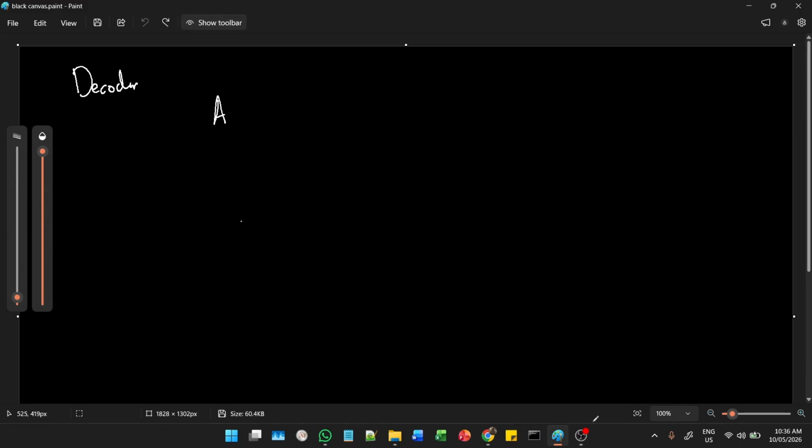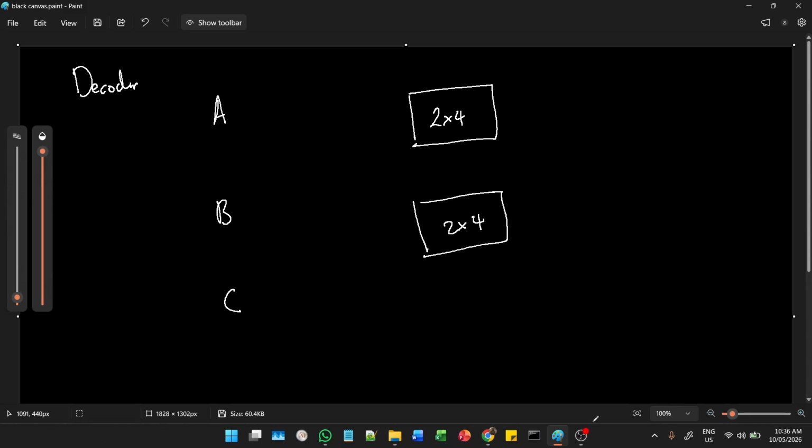Right. So let's say we have A, B, and C. So we have one 2 to 4 decoder and another 2 to 4 decoder, right? So one will have 4 outputs, another will also have 4 outputs, right? So this goes from F0, F1, and this starts at F4 and ends at F7, right?